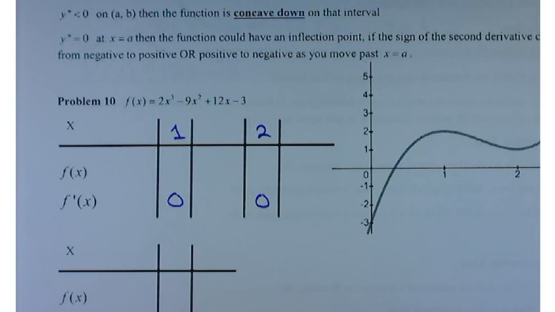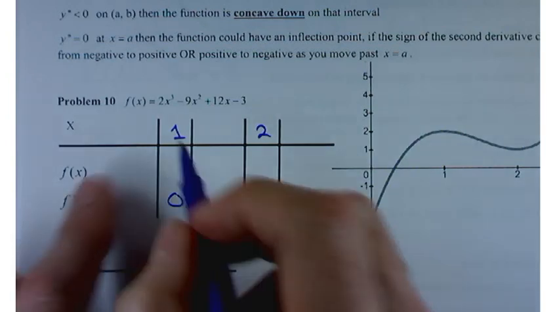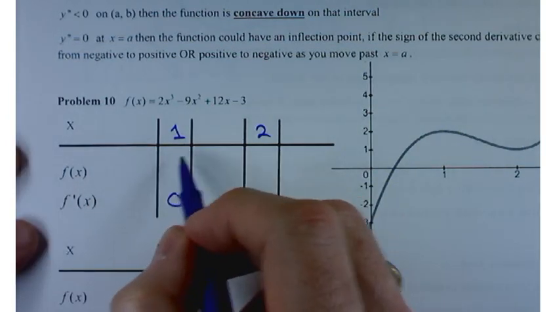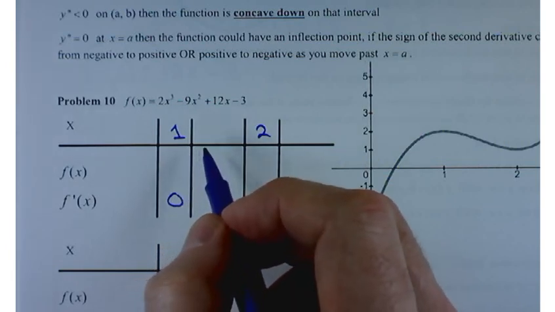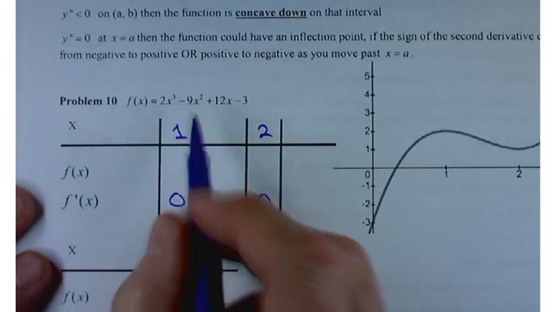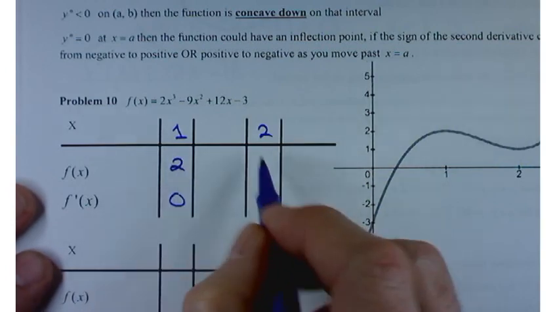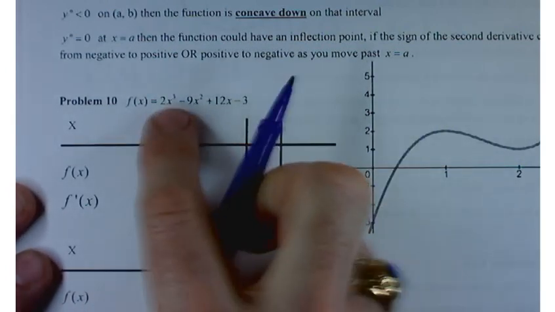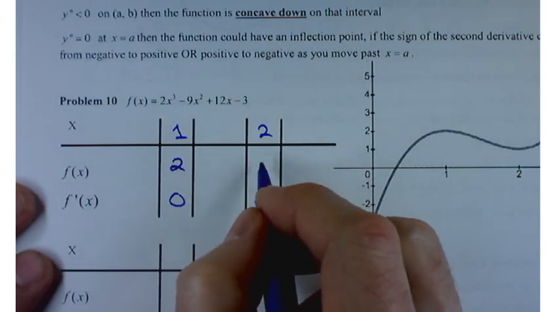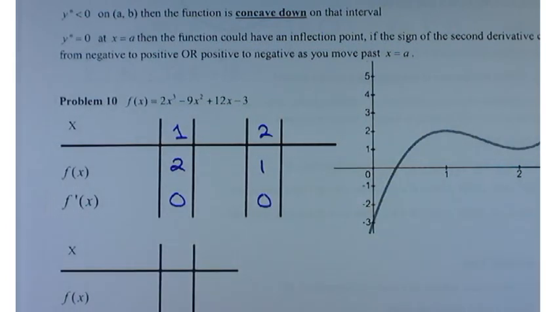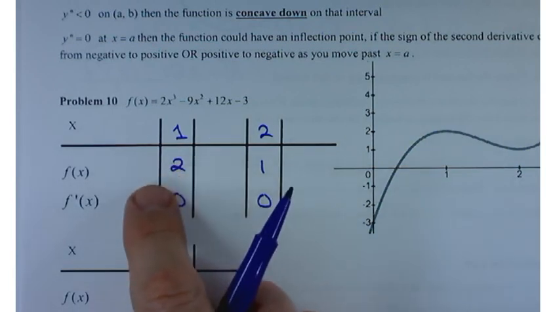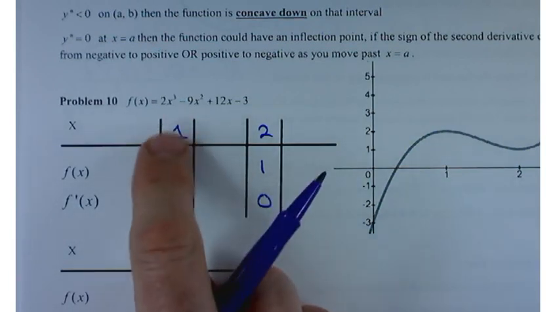And what else? Well, I can plug in the value of x equal 1 into this function. So f of 1 would end up being 2. And f of 2 would be, likewise, 1. Like that. But let's put the derivative into our calculator.